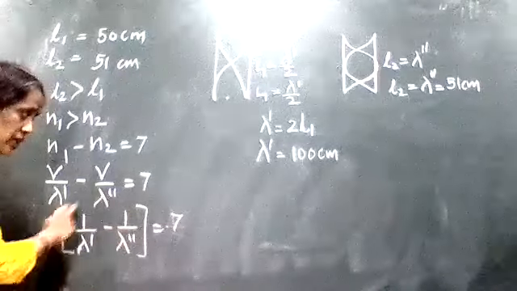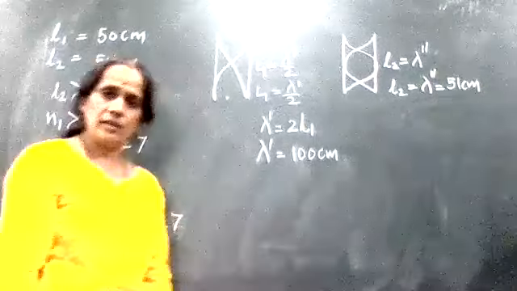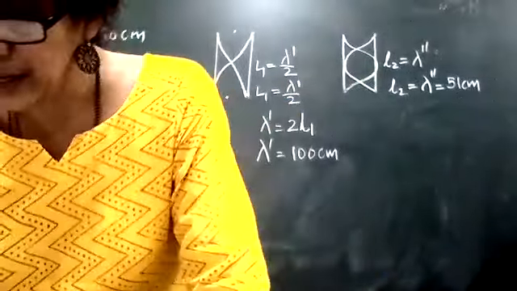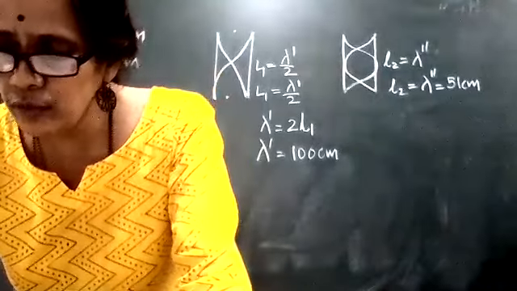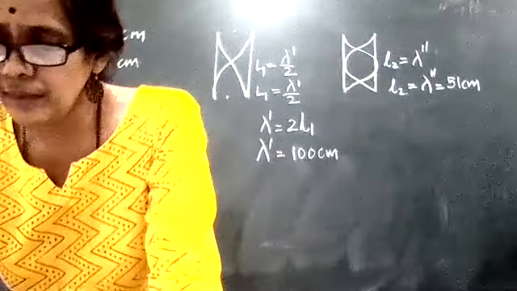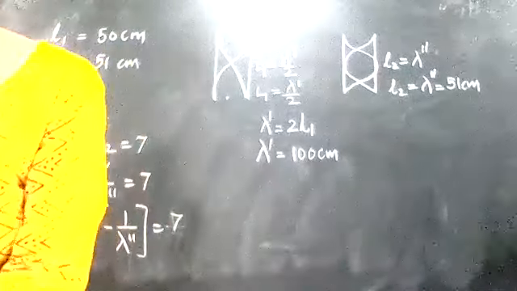So that value we are going to substitute here. Like that, you will get your velocity answer, and the answer you are getting is option C. Fine? Okay.